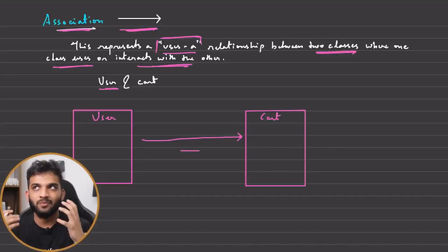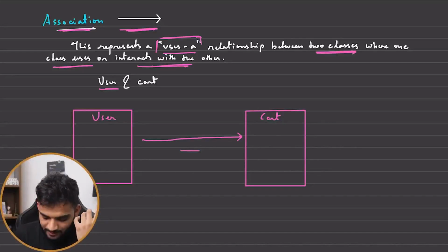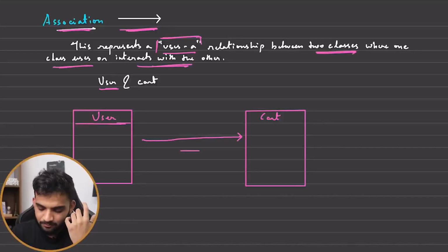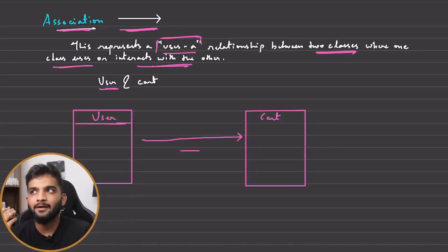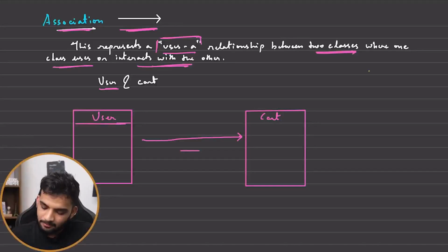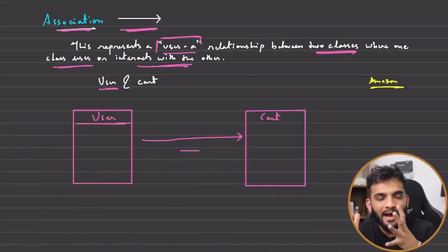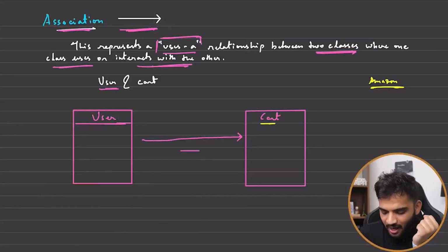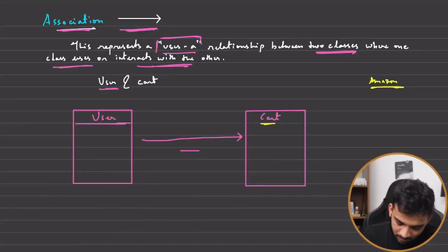Imagine it's a shopping website, and for an example, we can take, let's say, Amazon. So when I'm taking Amazon, people are adding items to their cart. This cart could be, let's say, a private variable.